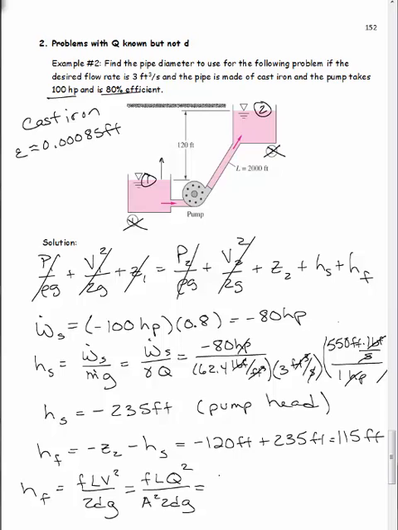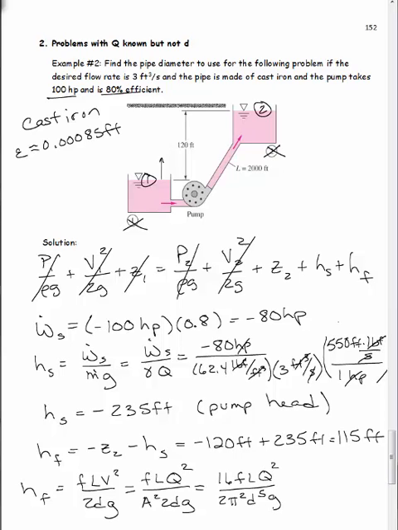And that is going to be 16 FLQ squared, because there's going to be a 4 squared, over 2 pi squared D to the 5th G.